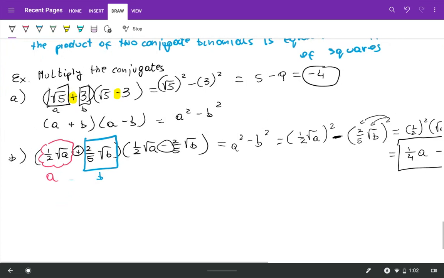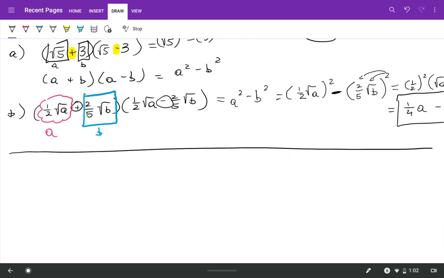And there's the last objective of this section: multiplying radicals with different indexes. So last one, multiplying radicals with different indices. Because don't forget that everything we've been doing had the same indexes. Now they will have different indexes.